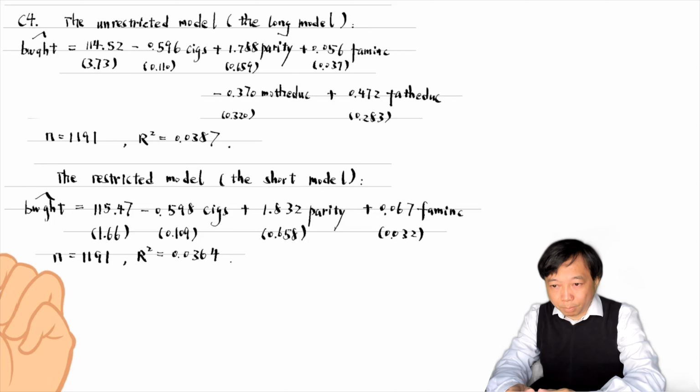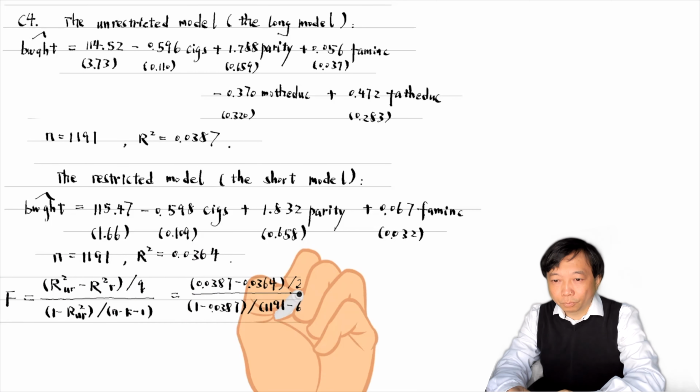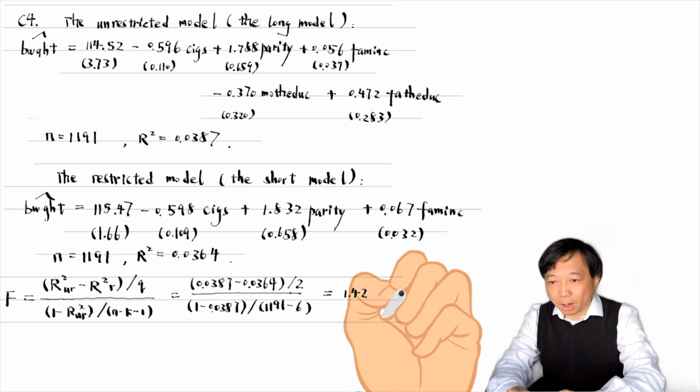The unrestricted model has 1,185 degrees of freedom. We plug all the elements into the R squared form of the F statistic and obtain 1.42.